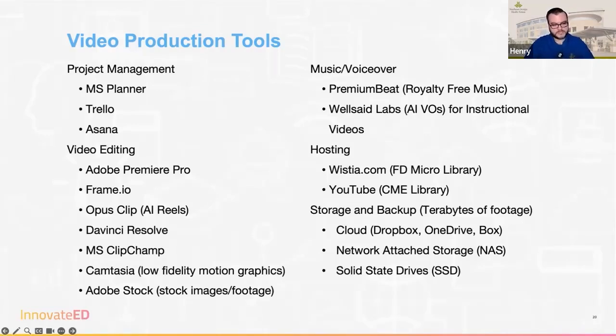DaVinci Resolve, this is another great video editing software, and it matches really well if you have Blackmagic hardware, the cameras, the switcher. So we have the Blackmagic cameras, we have the Blackmagic switcher. So for example, when you're recording CME Enduring content, whenever you're recording the video podcasts and you're live switching, at the end, the mixer will generate a DaVinci Resolve project file.